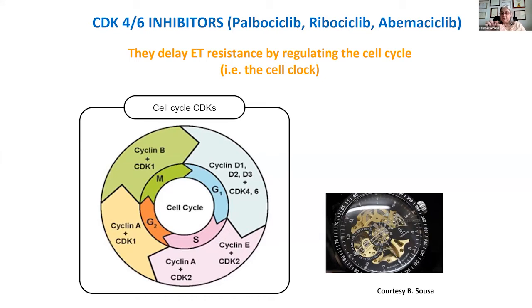There are many more, but if they block all of it like chemotherapy does, they would be more toxic. So they only block the 4 and the 6. Think of them as the ones that regulate the watch. They regulate the cell cycle, particularly the cell cycle of the tumor cell, trying to slow it down because the tumor cells are dividing themselves so quickly.